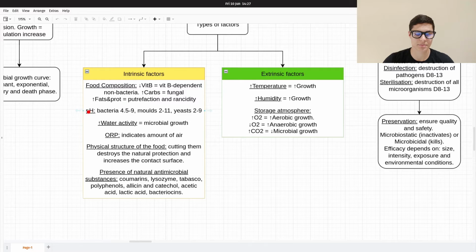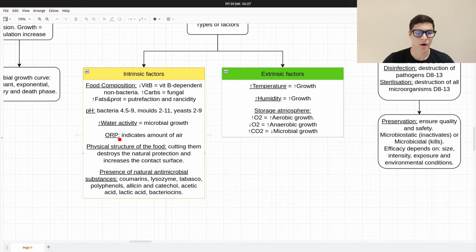Depending on the pH, the bacteria likes 4.5 to 9 pH. The molds can grow between 2 and 11, and the yeast from 2 to 9. Water activity, if we have high water activity, well, chances are we will have high microbial growth as well.